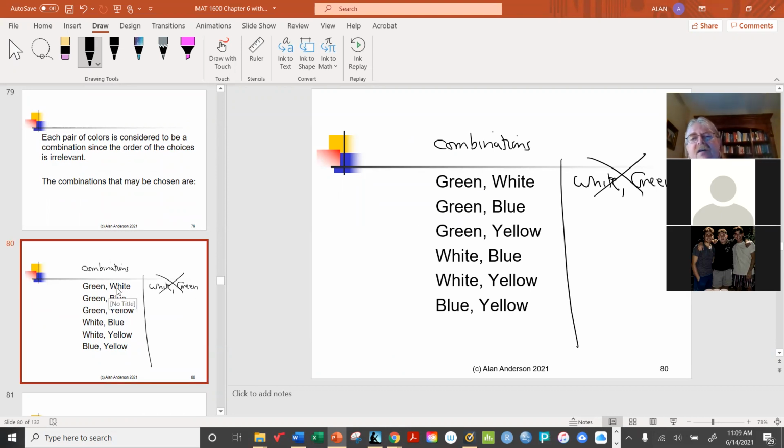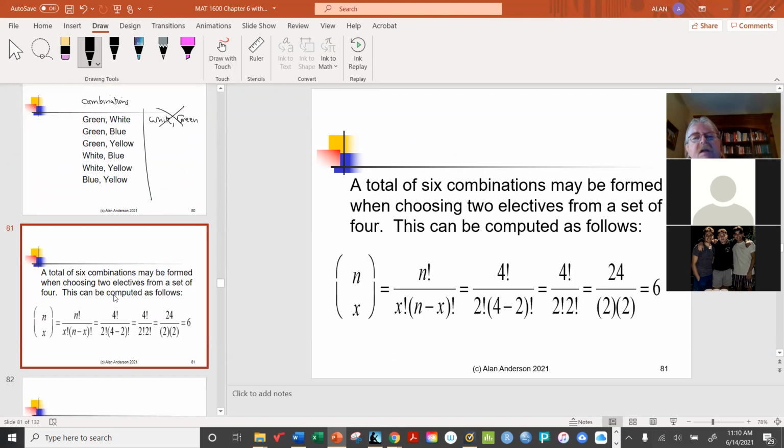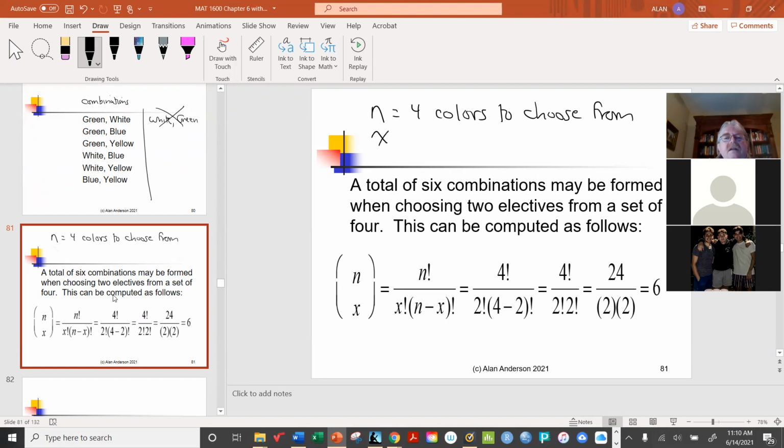But how to do this with your calculator? Or actually, first, let's use the formula. So in this case, we have N is 4 colors to choose from. And X is 2 colors to choose.